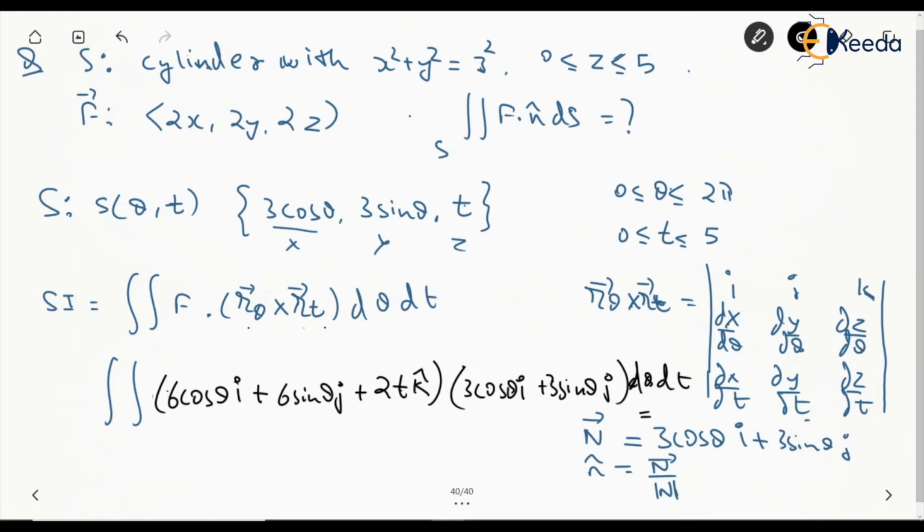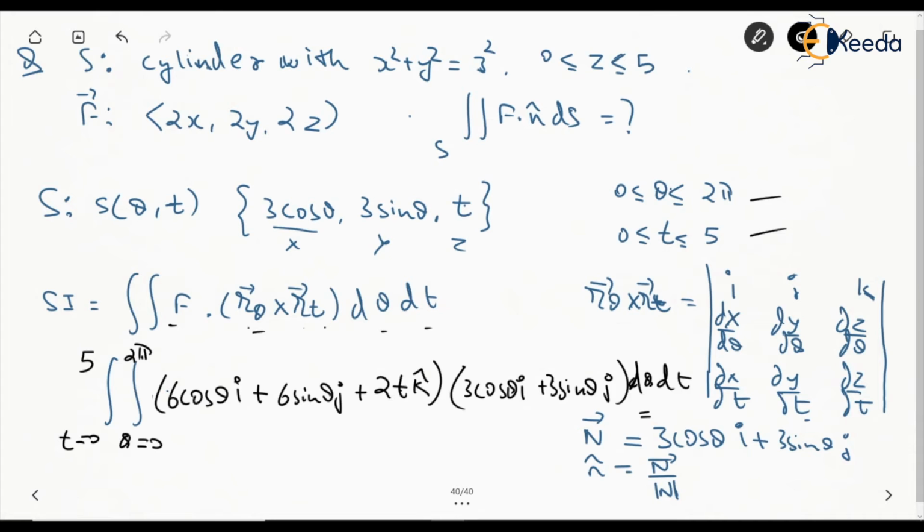Now what are the limits of theta and t? It is mentioned here. Theta equal to 0 to 2 pi and t is equal to 0 to 5, right? So we have put all this f, r theta cross r t, d theta dt, and the limits also.